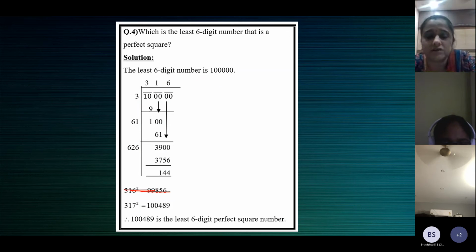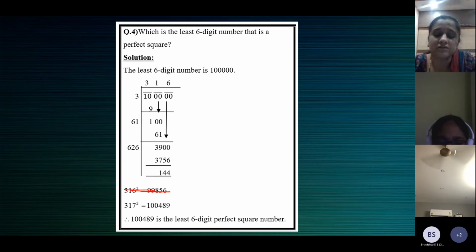So far we have seen the smallest number to be added, the smallest number to be subtracted, then the greatest 4-digit, 5-digit, or what we saw now, find the greatest 6-digit number that's a perfect square. And this one is find the least 6-digit number that's a perfect square.